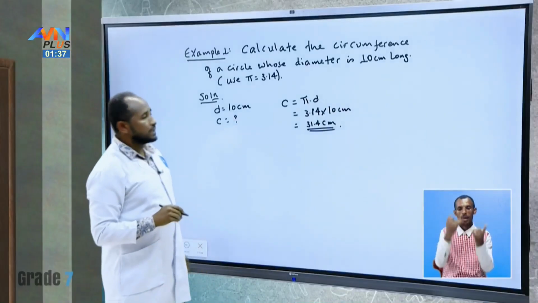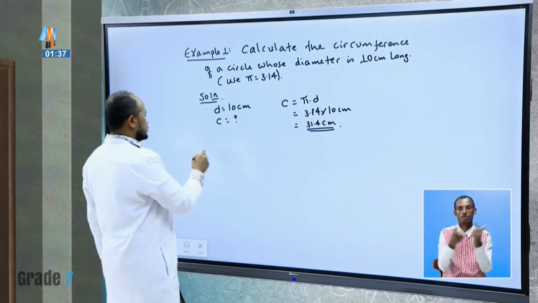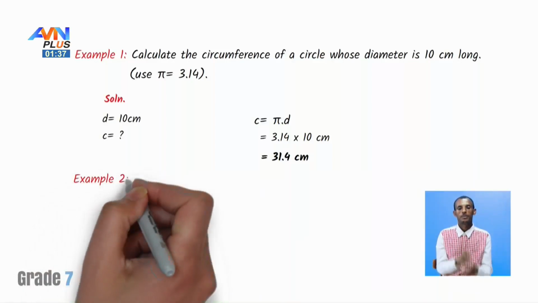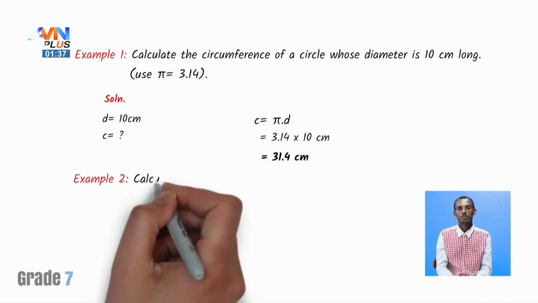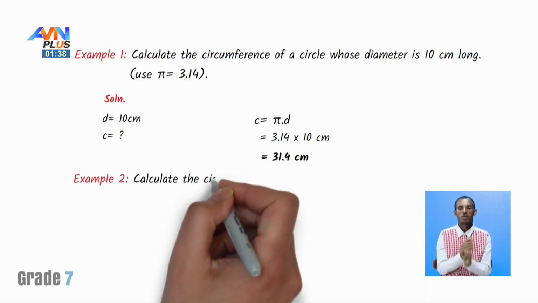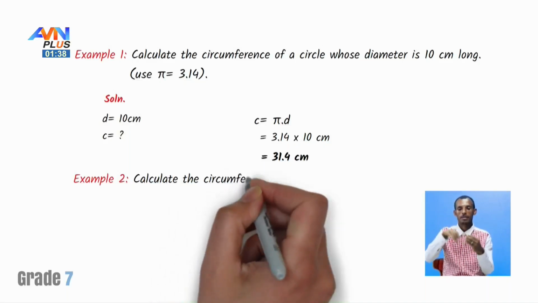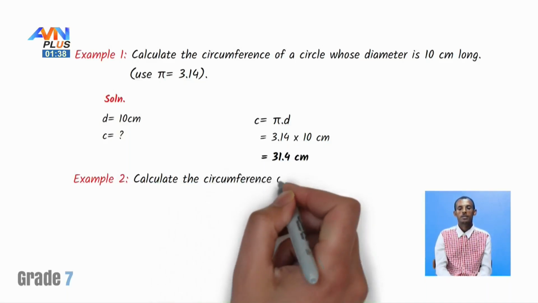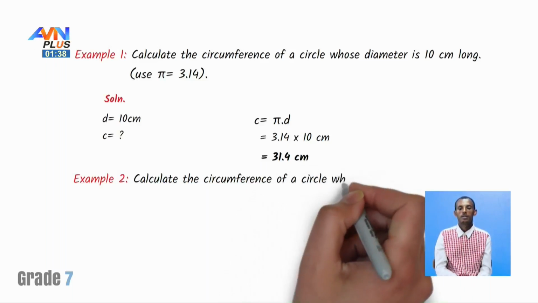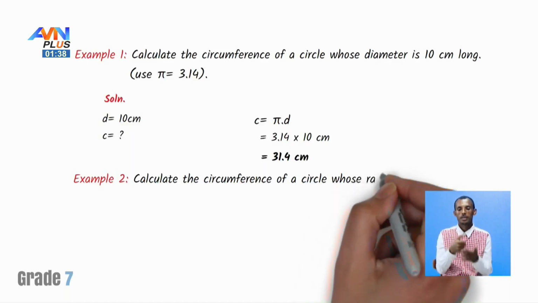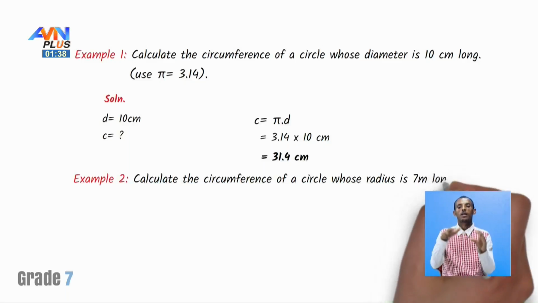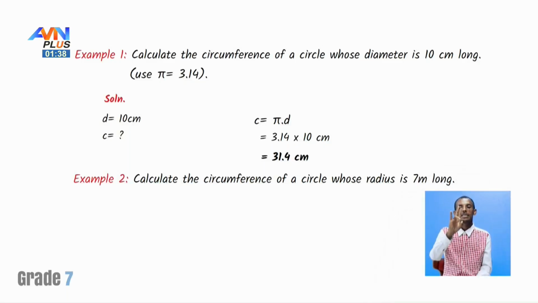Now let's proceed to the second example. Example 2. Calculate the circumference of a circle whose radius is 7 meter long.